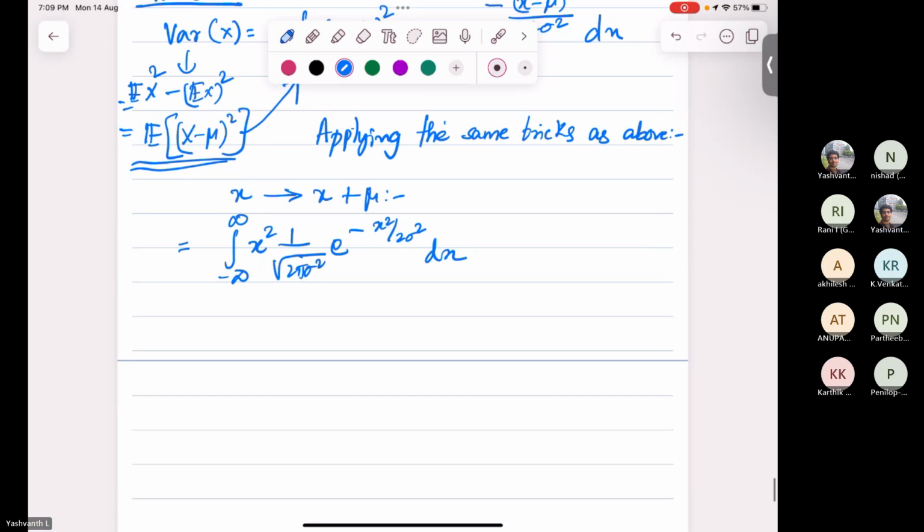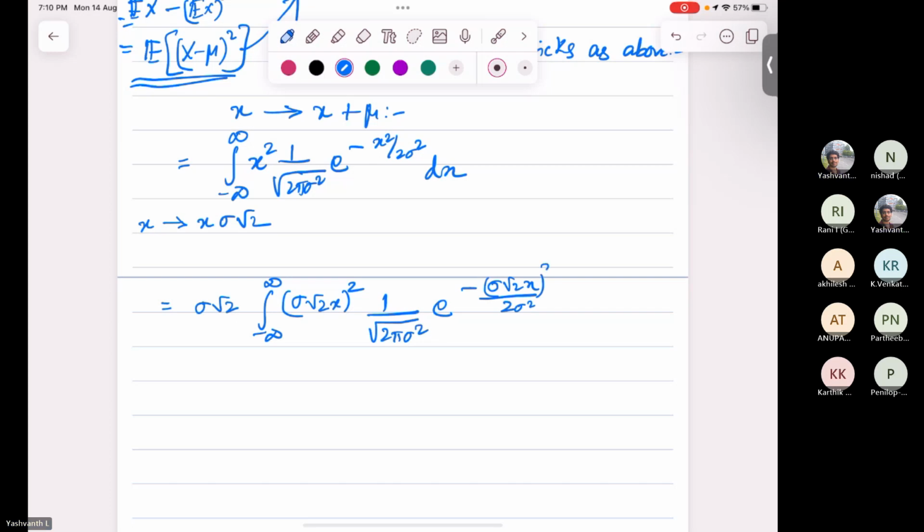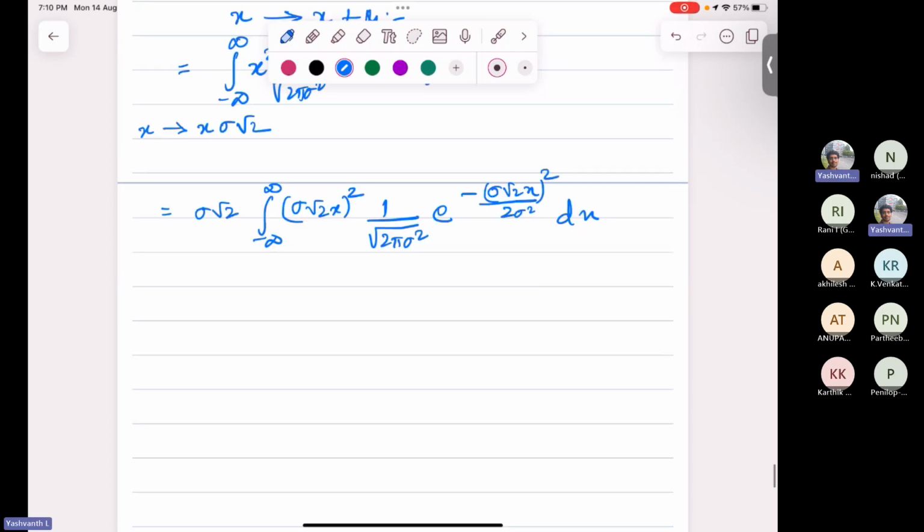Now replace x by x into sigma root 2. Same trick as above. You can show that this becomes sigma root 2 integral minus infinity to plus infinity of sigma root 2 x square, 1 by root 2 pi sigma square, e power minus x square, dx.